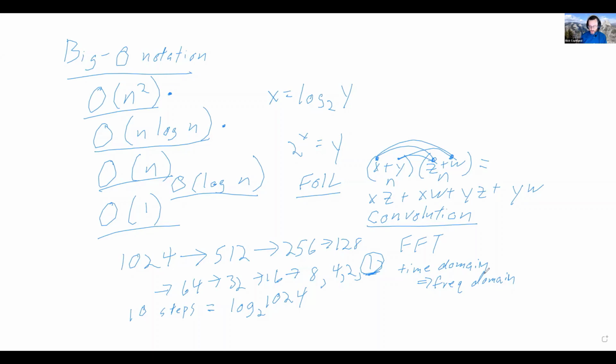So 1024 samples here turns into 1024 samples in the frequency domain. It's a way that you can do math to get all the different frequency components of a signal, and it's the frequencies plus the phase components. But anyway, you start out with 1024 samples, you end up with 1024 samples.